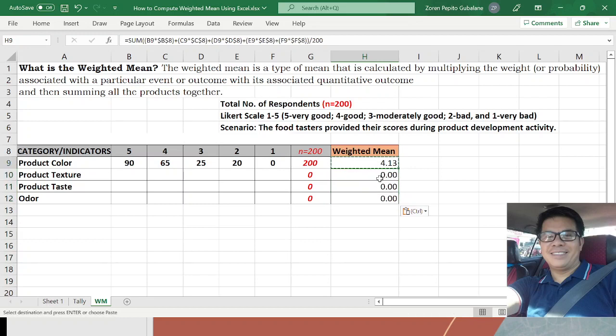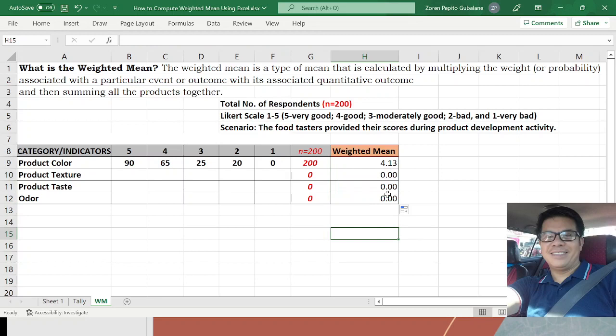Or the other way around. Look at the symbol here at the corner, the one like a dot, and then click and drag.